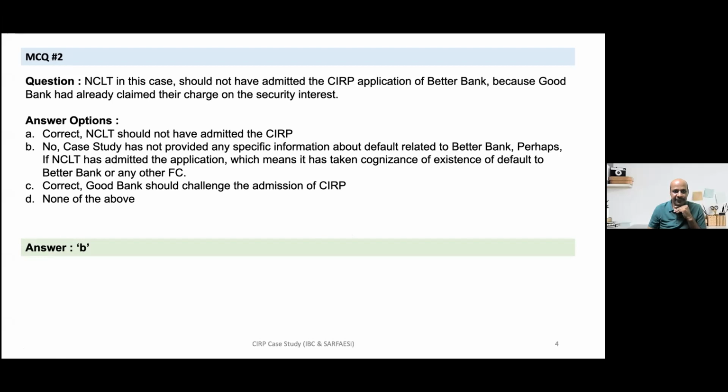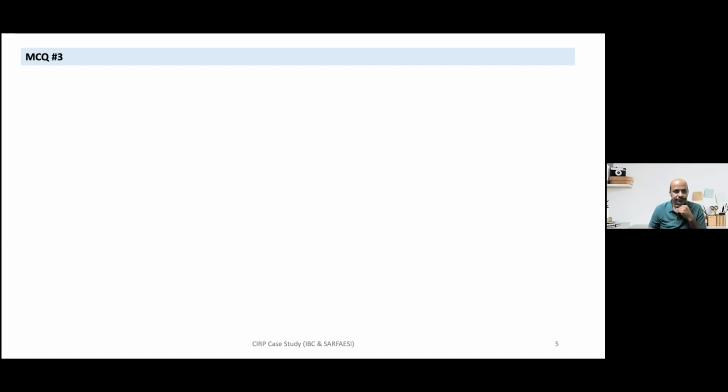And if you look at the case about default of Better Bank, that was purposely done so that there is clarity that a default could be related to any other financial creditor, not only Good Bank. So Manju ji is giving some additional information. It's the RCM Infra case of 2080 of 2020. Okay. Thanks, Manju ji. So I'll move to MCQ number 3.